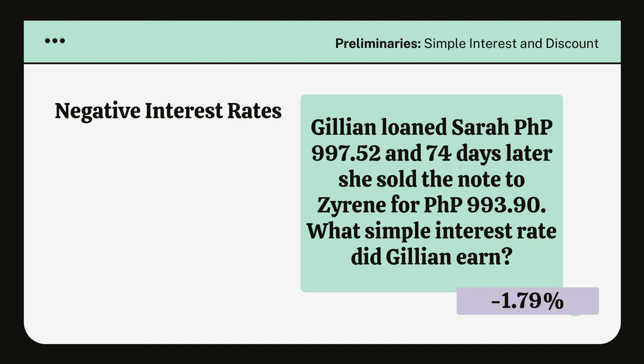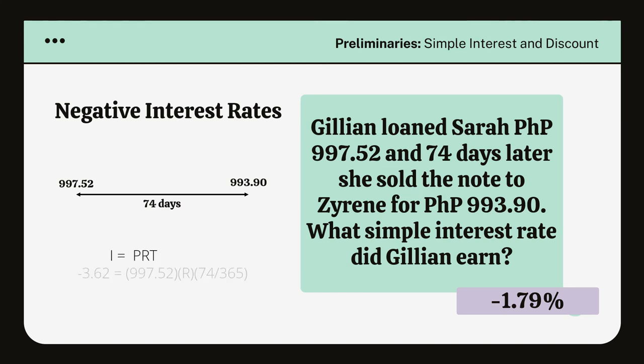So how is that? Remember that for Jillian, 997 pesos and 52 centavos became, after 74 days, 993 pesos and 90 centavos. Actually, looking at it this way, we would already see that Jillian did not earn from selling the promissory note.